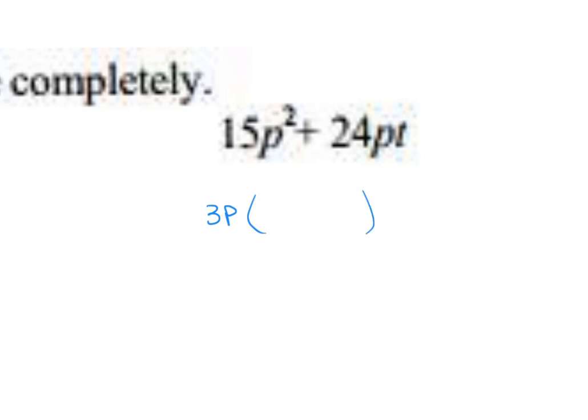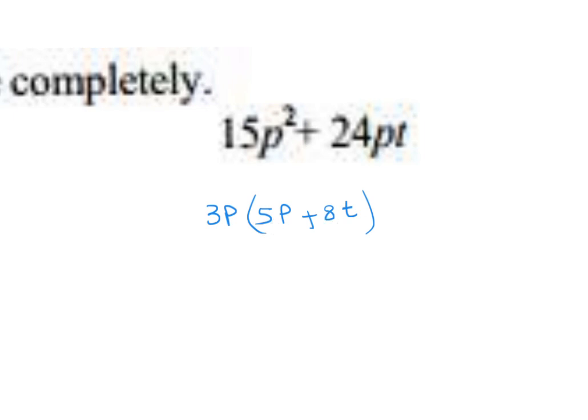Now, 3b times what equals 15b squared? 3 times 5 and b times b to get b squared. 3b times 5b equals 15b squared. Plus 3b times what equals 24bt? 3 times 8 equals 24, and b times t equals bt. So the answer is 3b times 5b plus 8t.